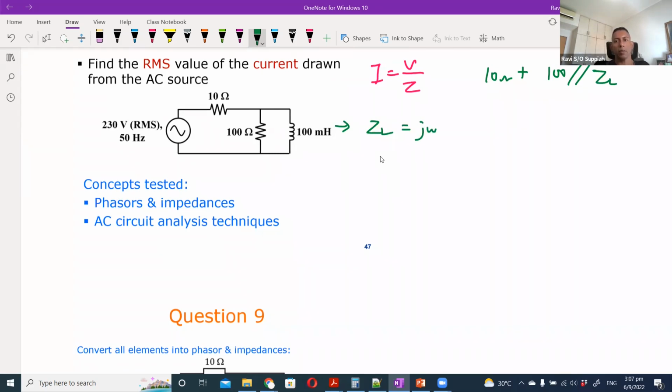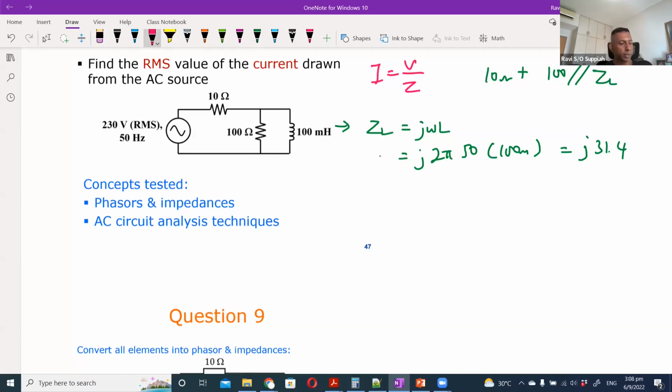ZL is j omega L. Omega is not explicitly given, but you know that it's 50 hertz here, the f. So it will be 2 pi times 50 multiplied by L, 100 milli. That will give me j31.4. So that is your ZL.